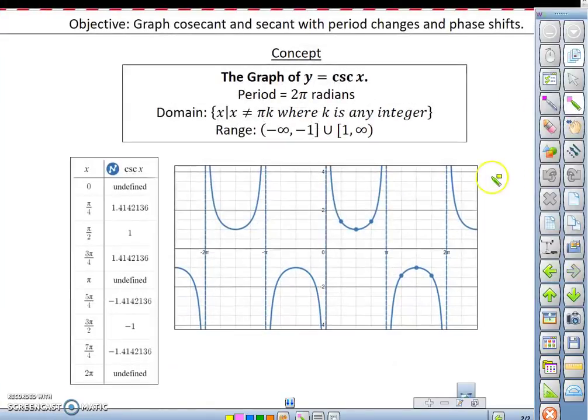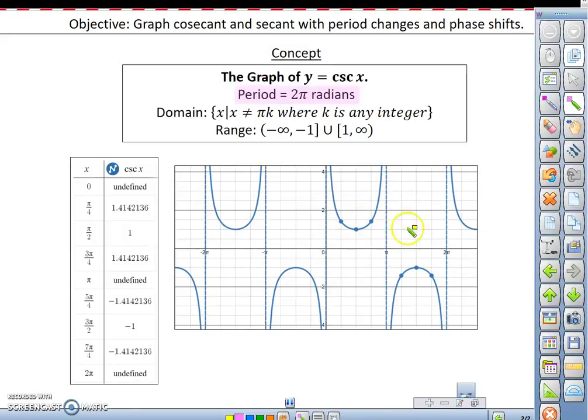So that means that the period of our cosecant function is 2 pi radians, unless it gets changed by the parameter of 1 over b. We are going to have those asymptotes. So in one full cycle, we actually have 3 asymptotes because there are 3 zeros or intercept midline points for sine.